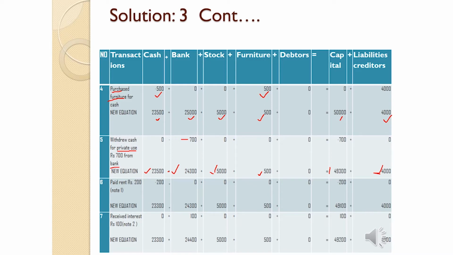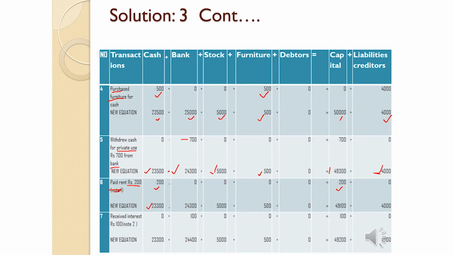Then paid rent for rupees 200. Here rent account and another one is cash account. Cash will be reduced by rupees 200. Here capital is also reduced by rupees 200. So 23,500 minus 200, 23,300.